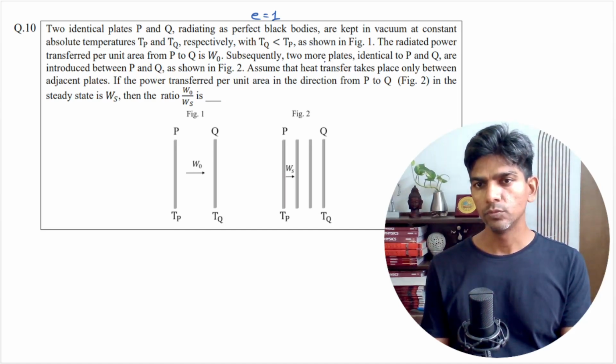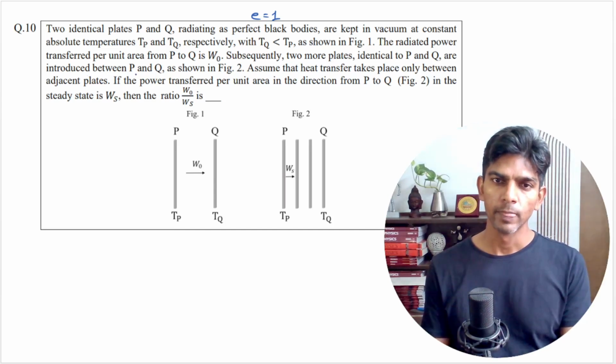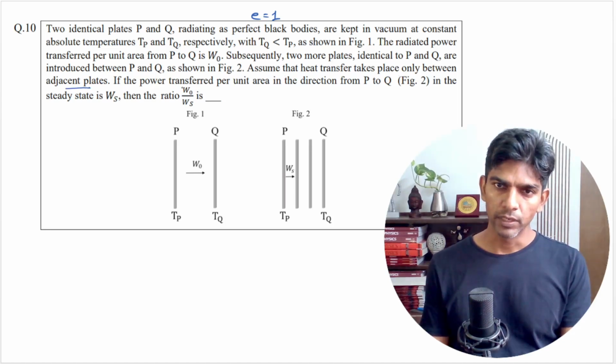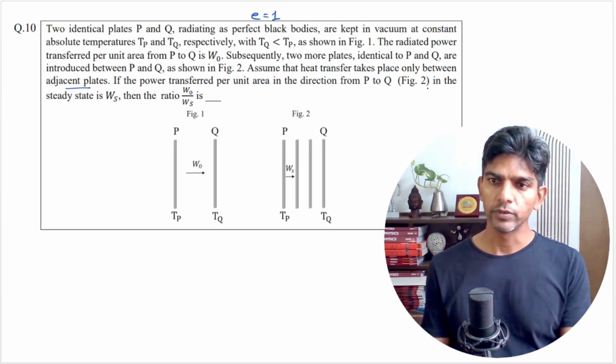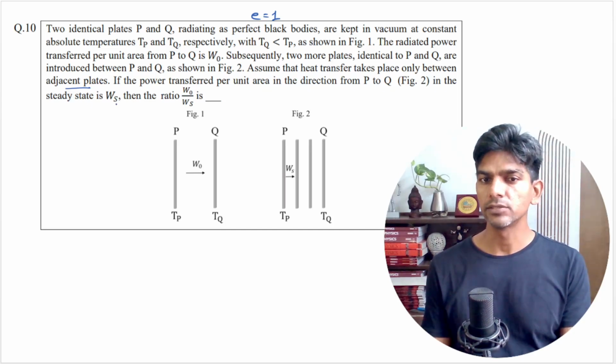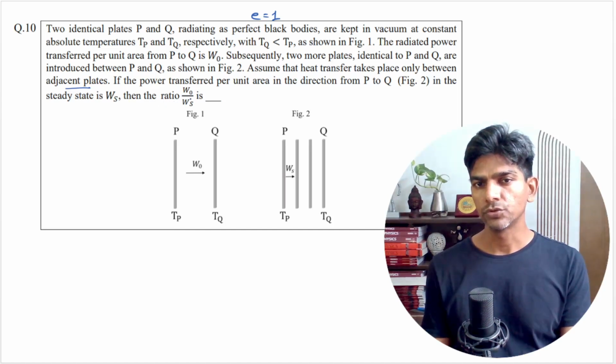Subsequently, two more plates identical to P and Q are introduced between P and Q as shown in figure 2. Assuming the heat transfer takes place only between the adjacent plates, if the power transferred per unit area in the direction from P to Q in figure 2 in steady state is Ws, then the ratio W naught by Ws will be.